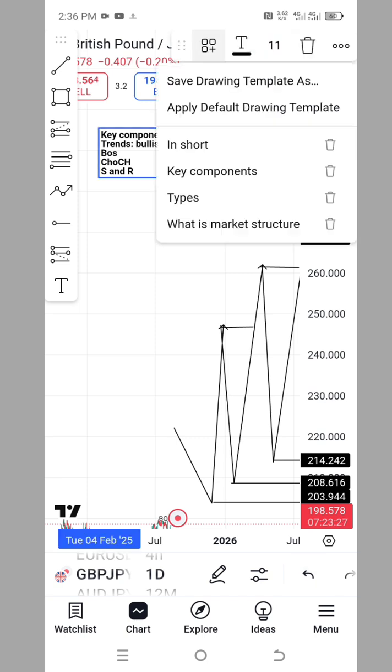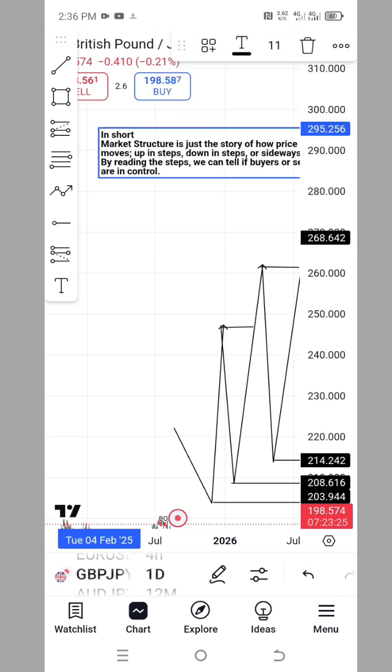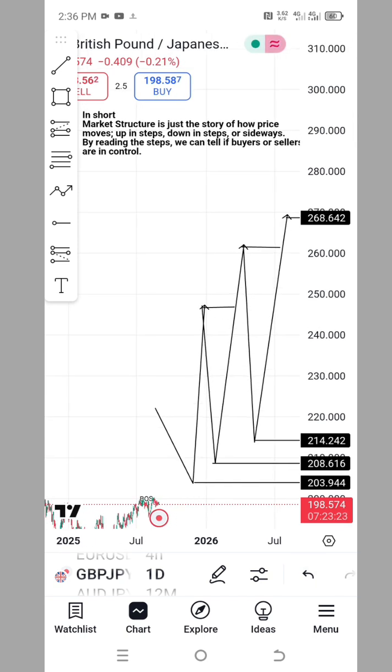So the next one is the conclusion. In short, market structure is just the story of how price moves. It goes up in steps, down in steps, or sideways. By reading these steps, we can tell if buyers or sellers are in control. Simple.